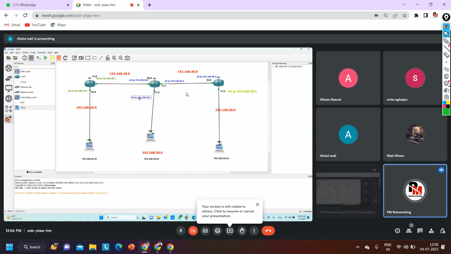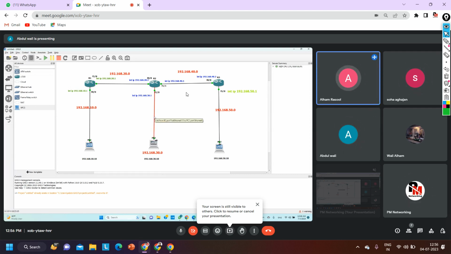Then you need to define the middle network on router number 1 and router number 3. If you route from PC1 to PC3, first we need to route from network one to network two, then from network one to network three, right? We do it step by step.